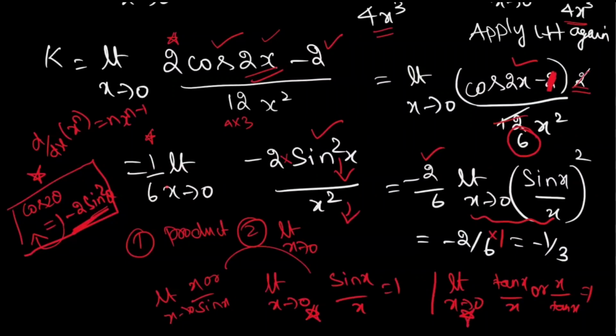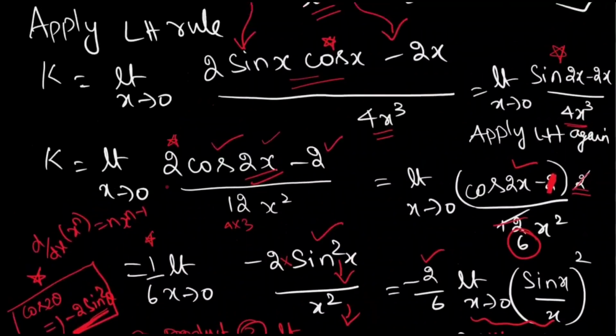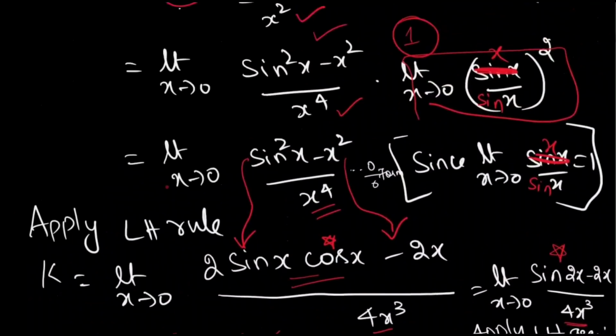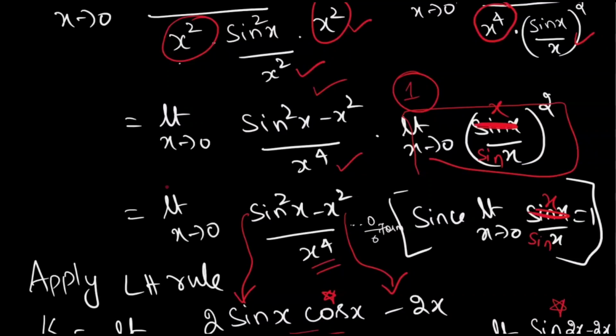And for simplicity, you can multiply and divide by the constant. Here it is default, it has come. But in the beginning, what we did, we multiplied and we have divided. Yes, if you can see here, we have multiplied and divided by x square because we have sine square.